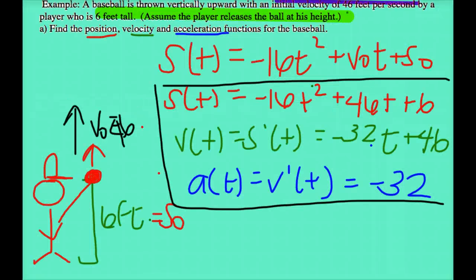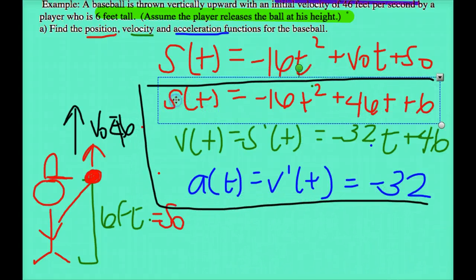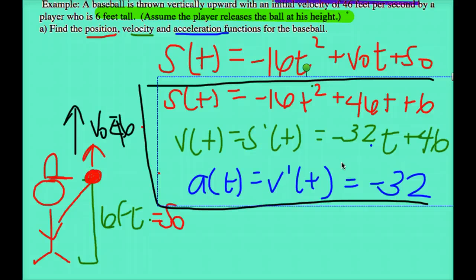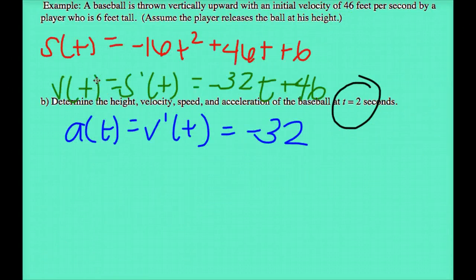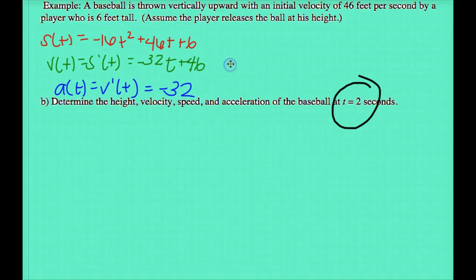I'm going to copy all this. Take this, and this, and this. Let's group it, copy it, and paste it right here. Let's make it a little bit smaller. Okay, so now I have these three equations, and it says determine the height, velocity, speed, and acceleration.